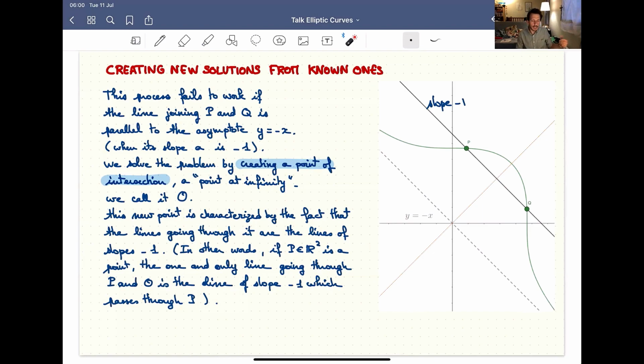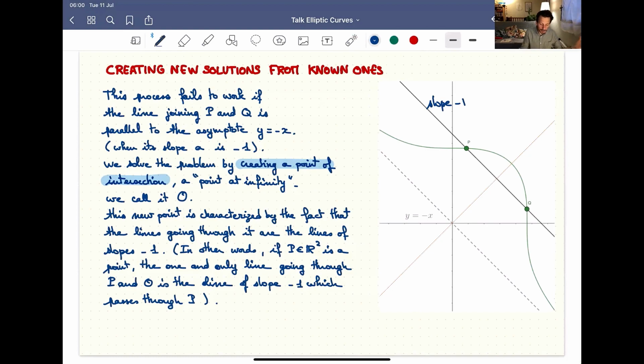So this is a bit annoying because it's going to create a lot of special cases, and we don't want special cases. So we're just going to solve the problem by creating a new point, which is called a point at infinity. If you know about projective geometry, then this is exactly a point at infinity. And if you don't know about projective geometry, then I'm trying to explain how this works.